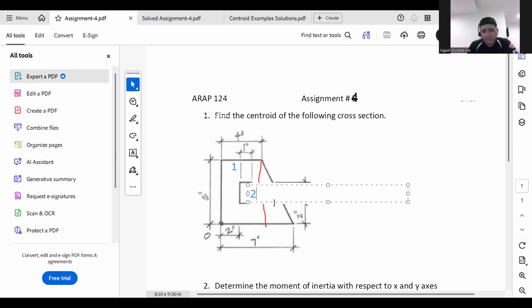This will be area 3. That's how I would solve it, okay? And just to give you a hint, you're going to use the area number 2 as a negative, okay? All right. Don't worry if you're stressed out, just ask me questions if you need to.